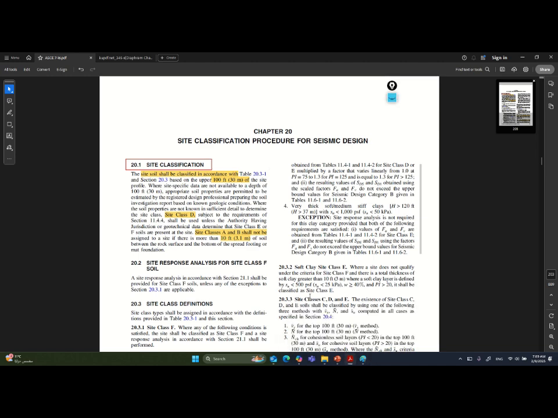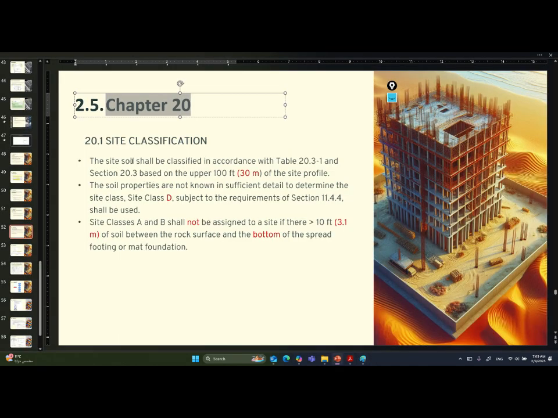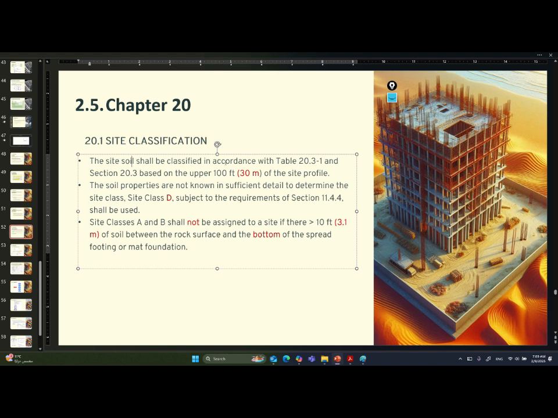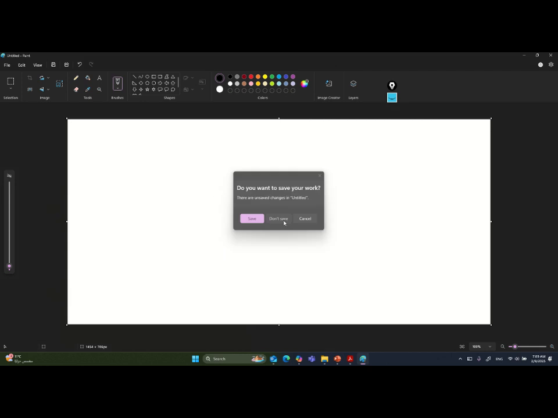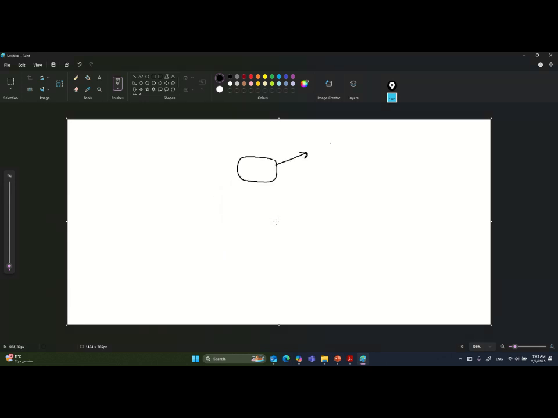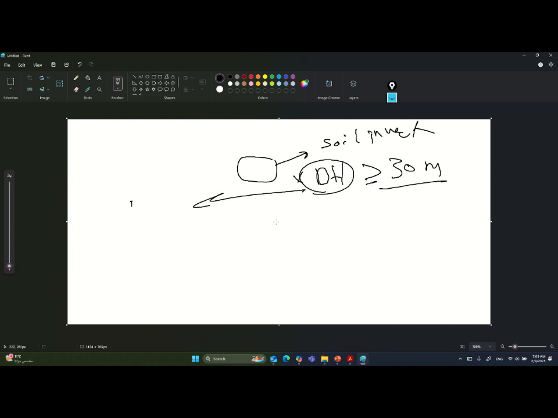According to ASCE, the site soil shall be classified in accordance with the table and section based on the upper 30 meters. So if my project location is here, for the soil investigation report I will need at least a borehole of depth equal to 30 meters to identify the site class.